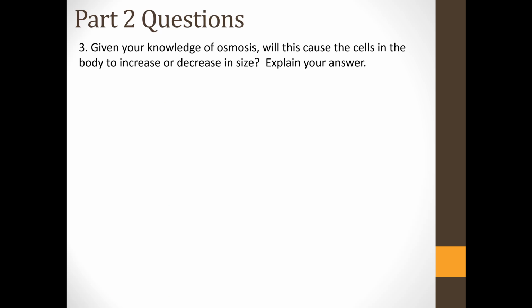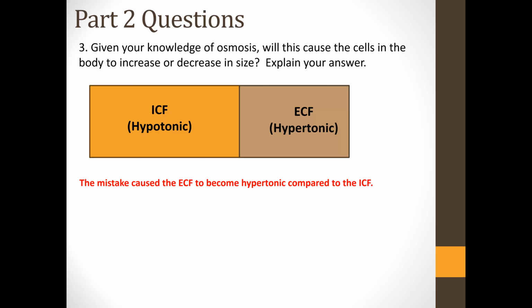Number 3, given your knowledge of osmosis, will this cause the cells in the body to increase or decrease in size? Explain your answer. So again, this mistake caused the ECF, or the extracellular fluid, to become hypertonic compared to the ICF, which is the intracellular fluid. So it would be hypotonic by comparison.